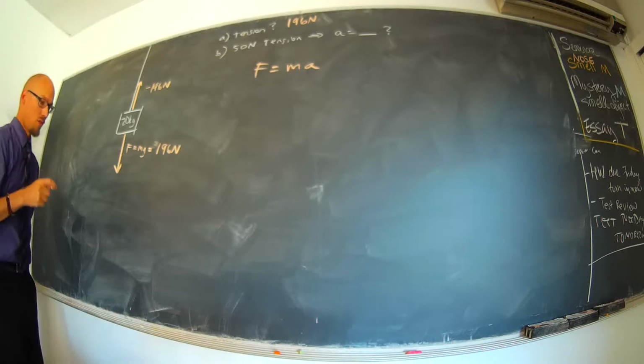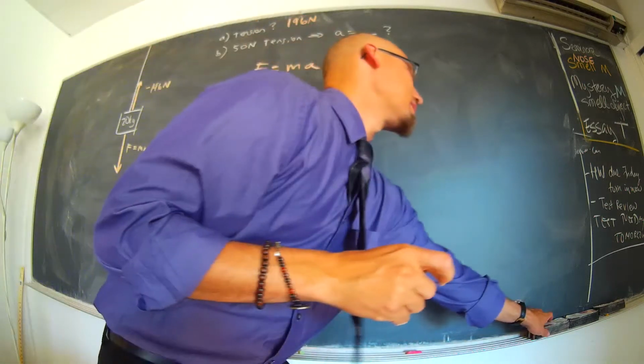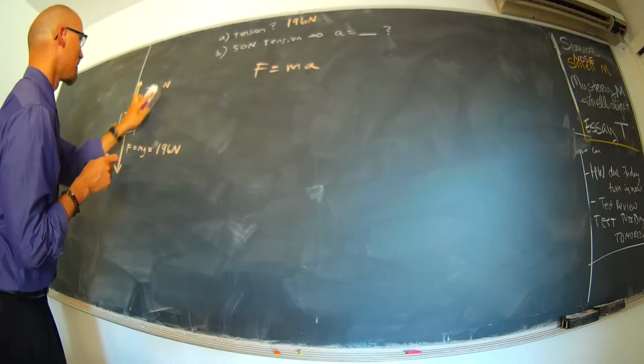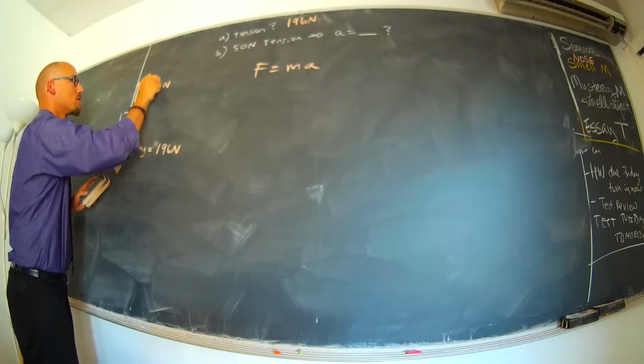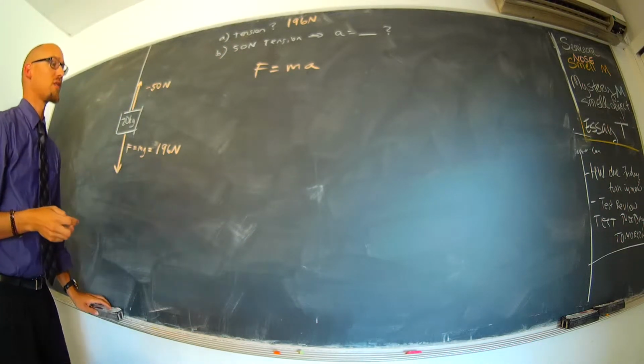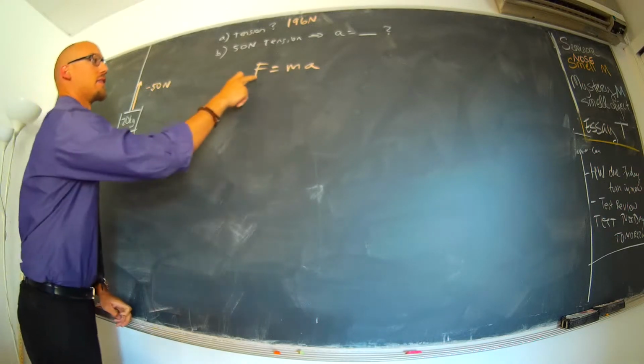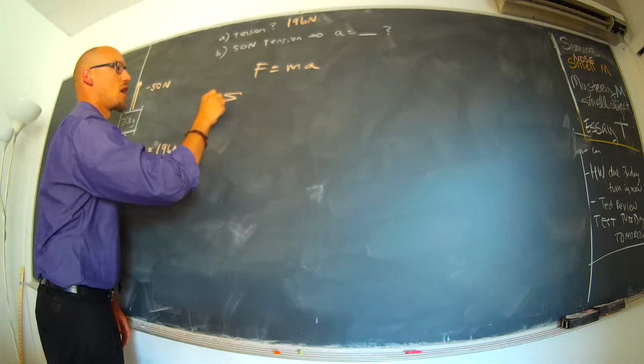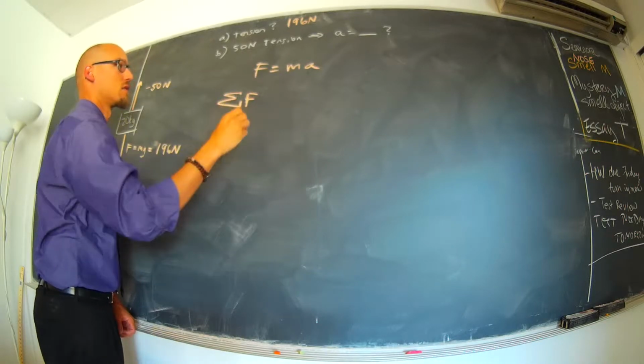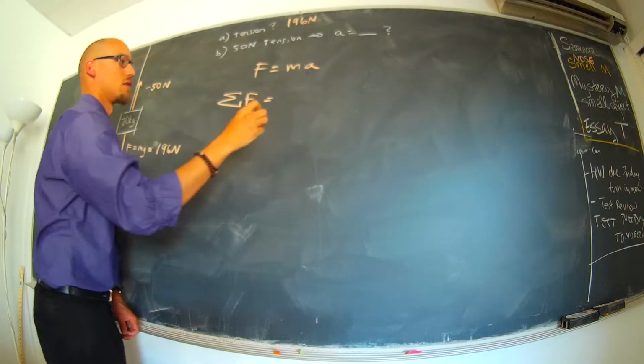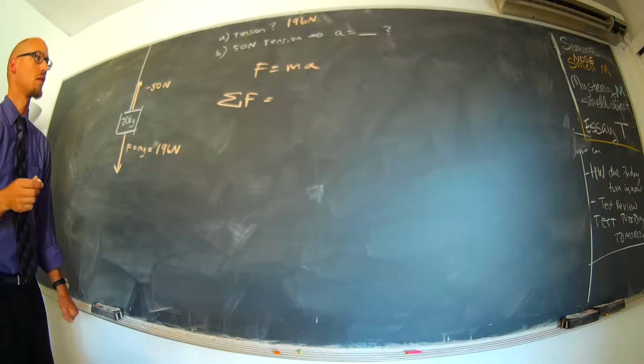So in part B, if this is negative 50 newtons, force equals mass times acceleration, then this force becomes the sum of forces. Is that what that sigma thing means?